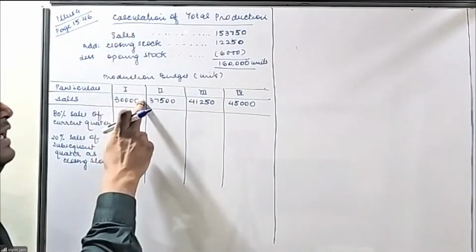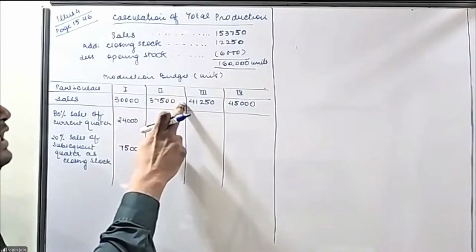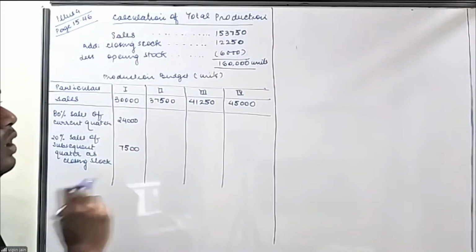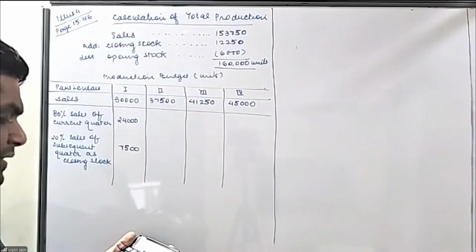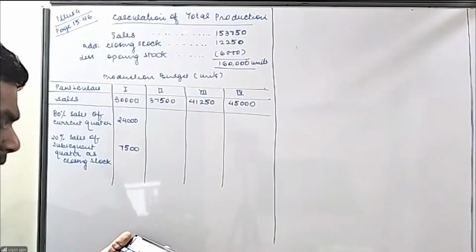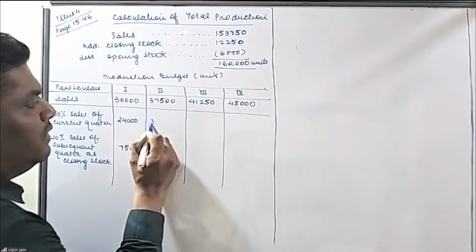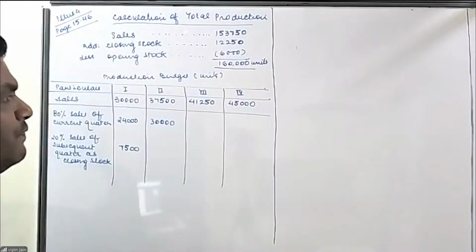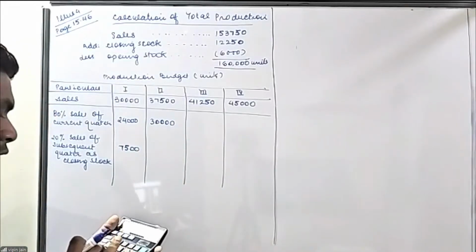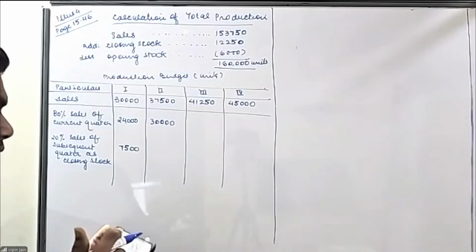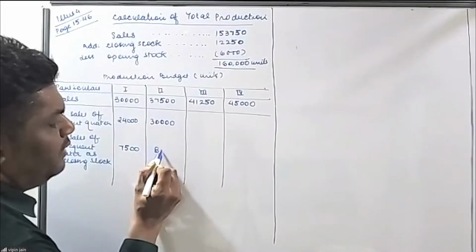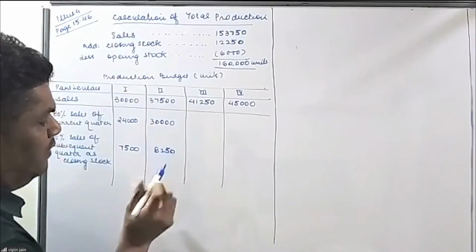Again, I repeat, 80% of 30,000 and 20% of the subsequent quarter sales. Now, for quarter two, 37,500 into 80% will be 30,000, and 41,250 into 20% will be 8,250.